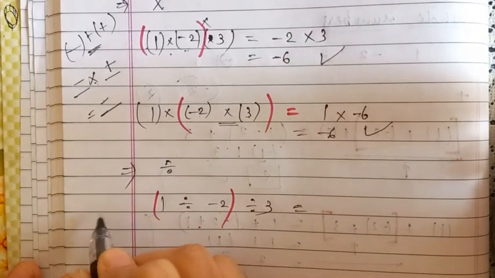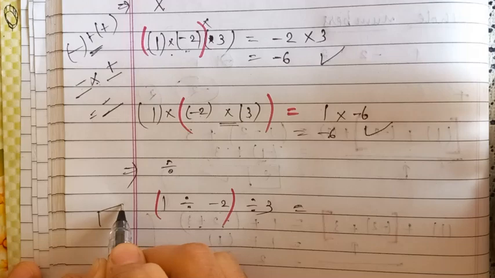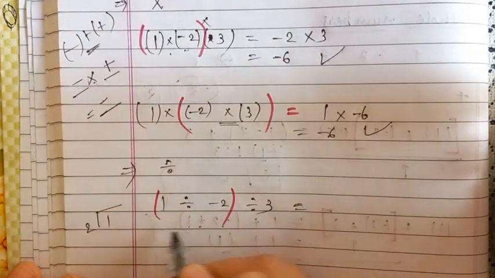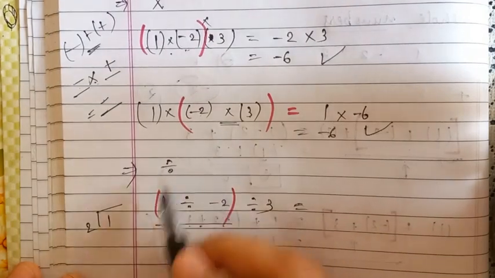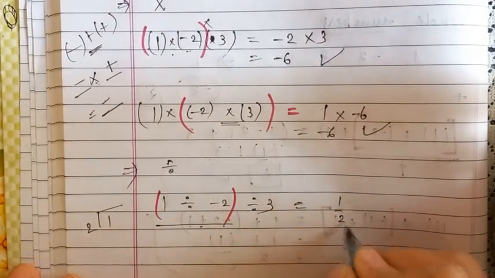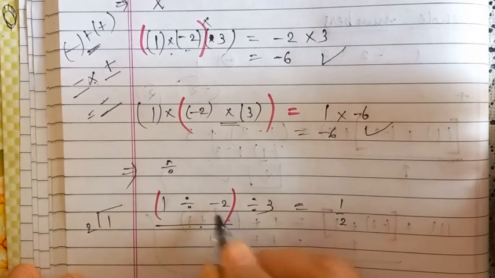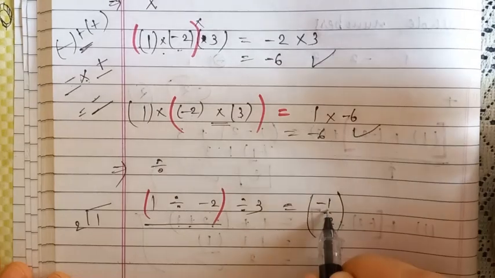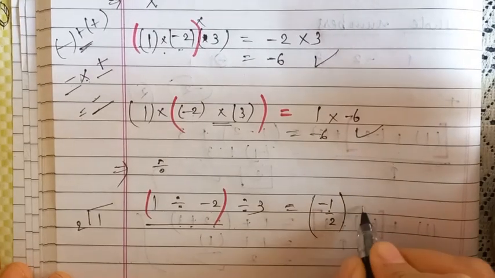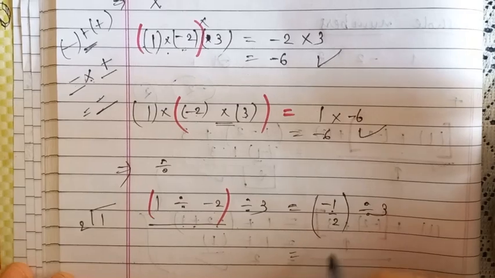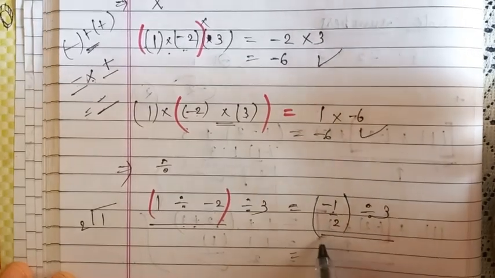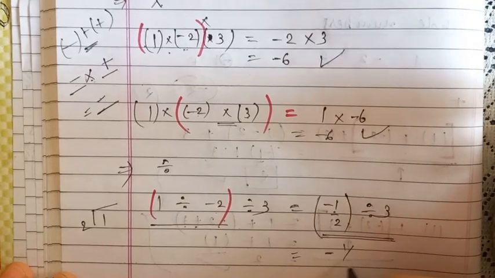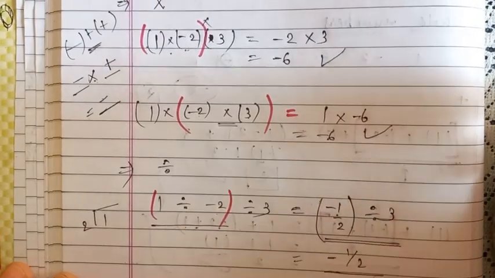We write this division as 1 by 2, and the minus sign will be assigned to the numerator 1. Then this division can be written as -1 by 2 in the numerator and 3 in the denominator.